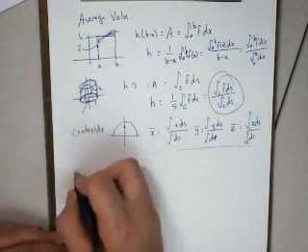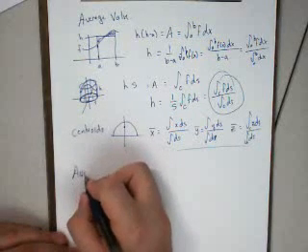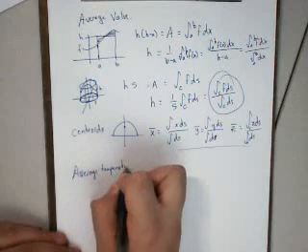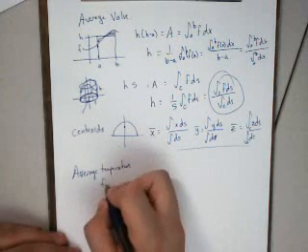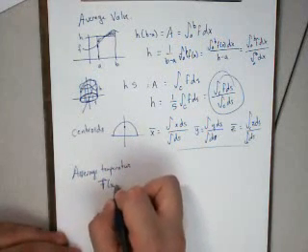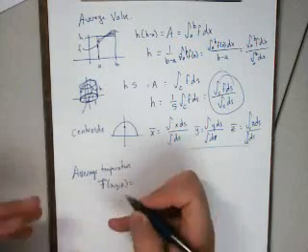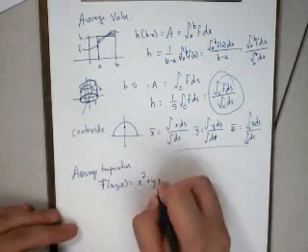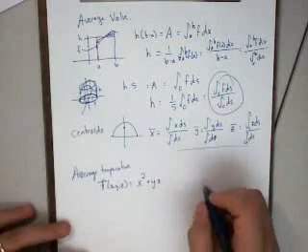We're going to just look at an example that doesn't involve centroids, and we'll look at something like average temperature. So suppose you know that the temperature at any point in space, you've got some kind of varying temperature area, and the temperature is x squared plus yz.